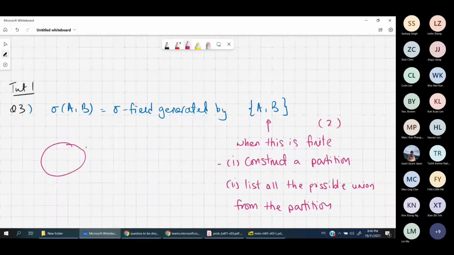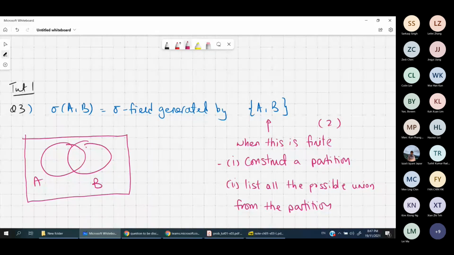Let's say this is our A and this is our B. Now we have 4 parts: 1, 2, 3, and 4.